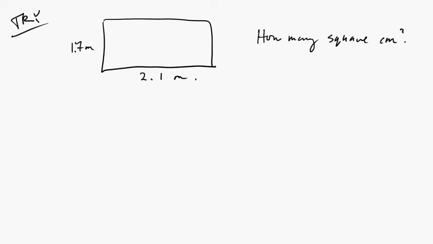Alright, so 1 square meter has 100 centimeters by 100 centimeters. So 1 meter squared has the same as 10,000 centimeters squared. So that'll be the conversion that we use later.